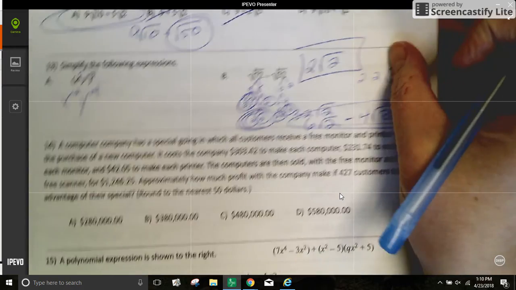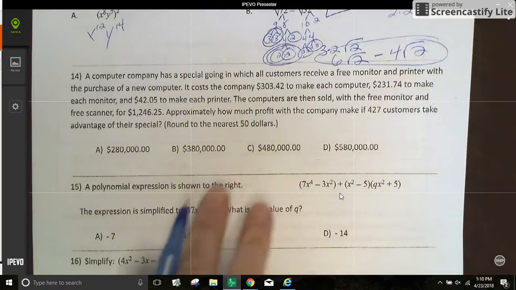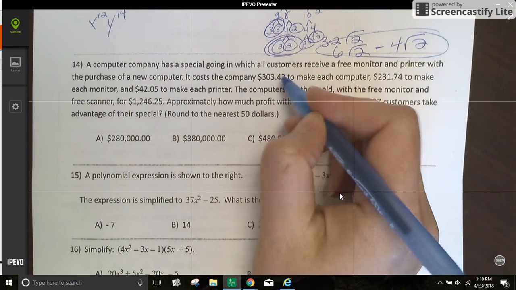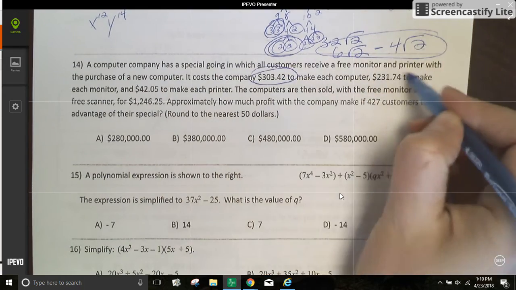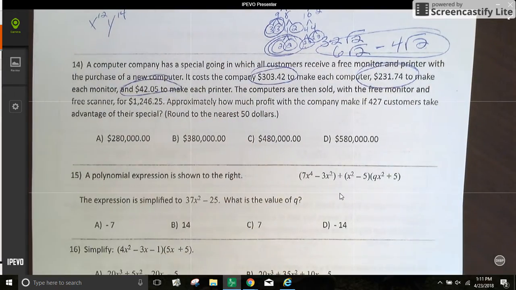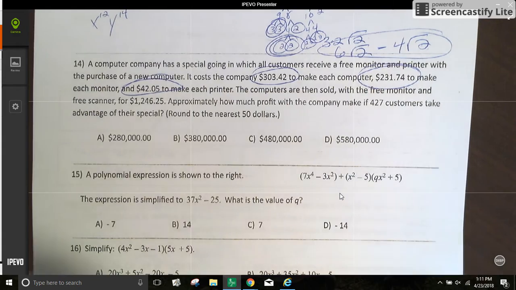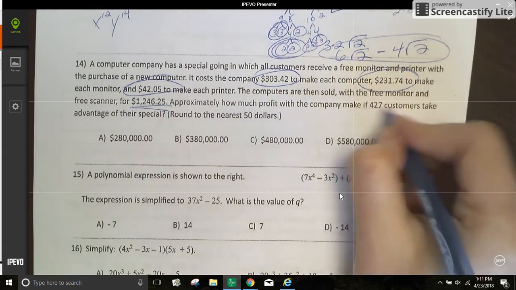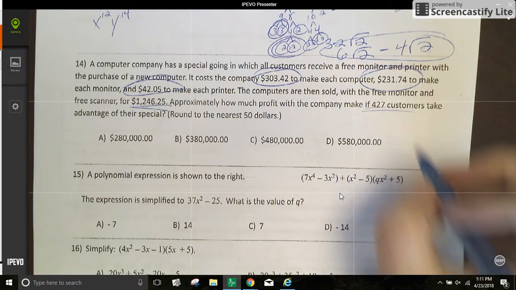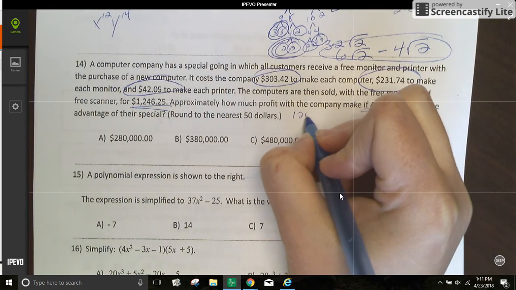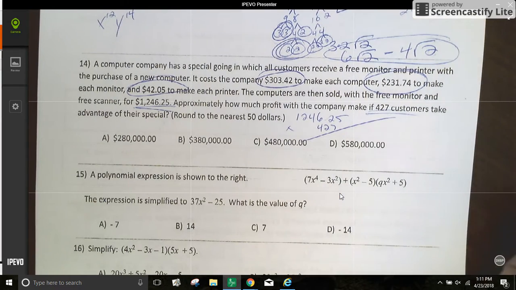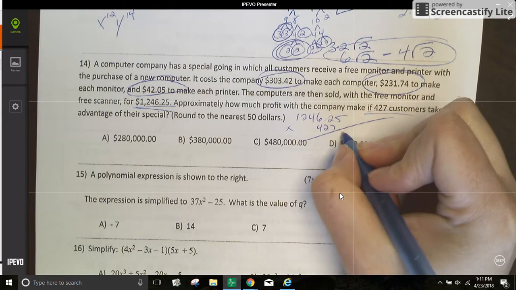For 14, go ahead and pause it and read. So basically, for each computer, 303 plus 231 plus 42 is how much it costs to make it. This is how much they're selling it for. 427 people are buying it. So 1,246.25 times 427. That's going to give you how much they're making.